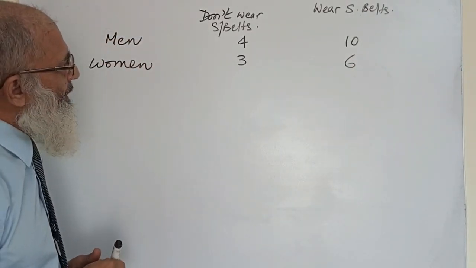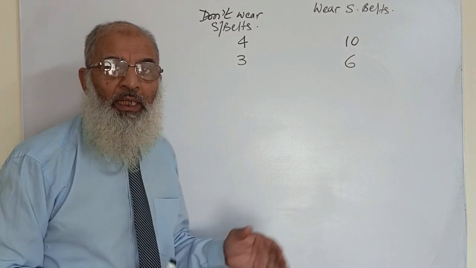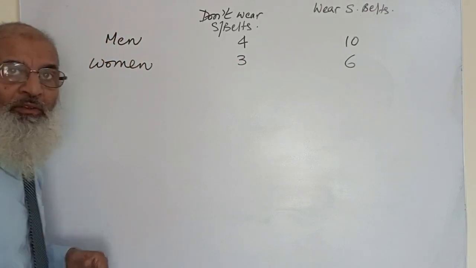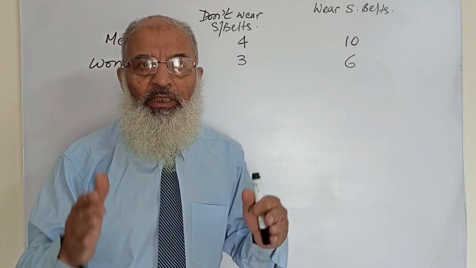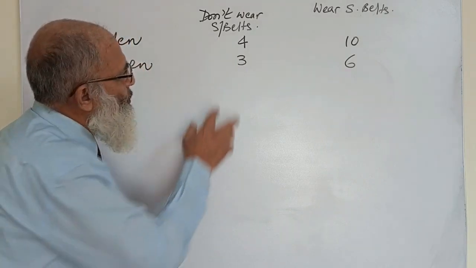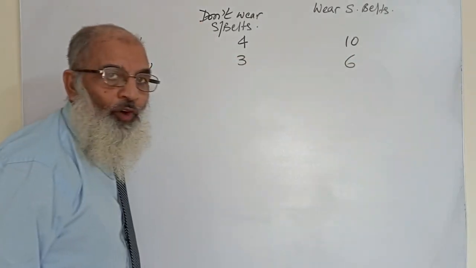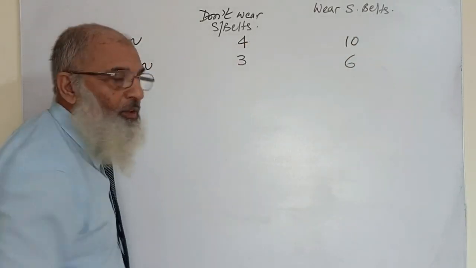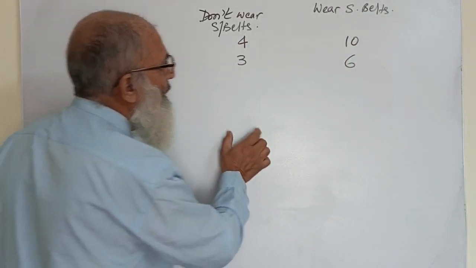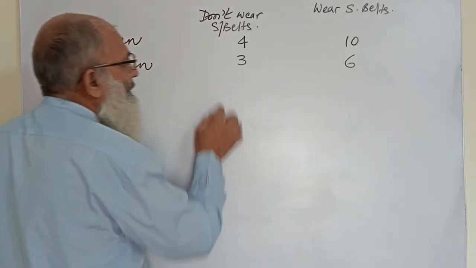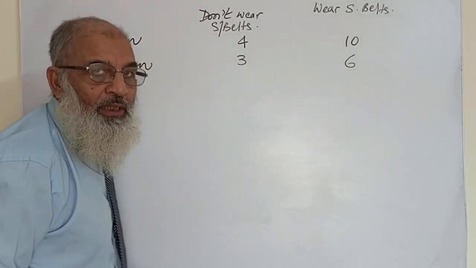Now you see that we have formed a table. There are 14 men that are crossing that checkpoint. Out of 14, 10 were wearing the safety belts and 4 were not wearing the safety belts. Similarly, 6 women were wearing the safety belts and 3 were not.